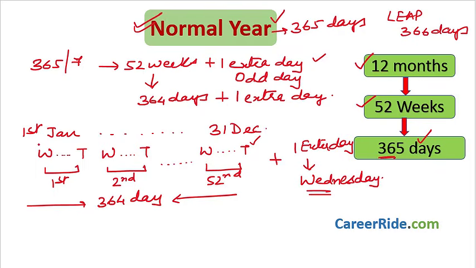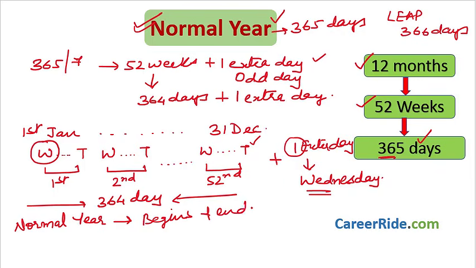Now it means that for a normal year, the year begins and ends on the same day of the week. And this is a very direct question that you'll find in a lot of exams, right? If the year is a normal year, it is not a leap year, which means the year begins and ends on the same day of the week.